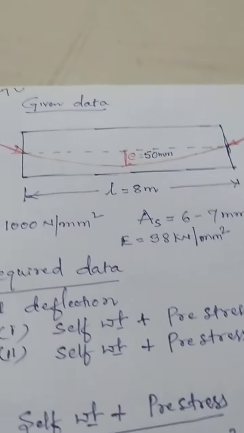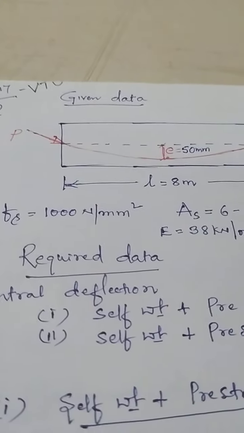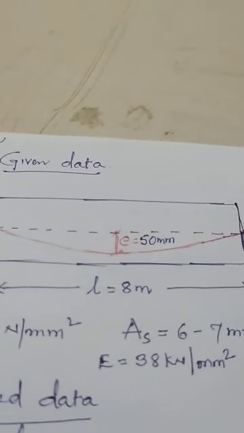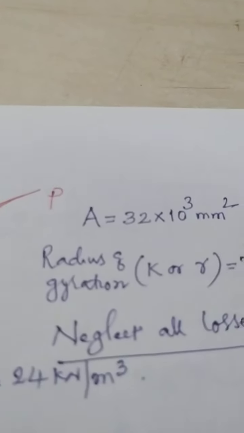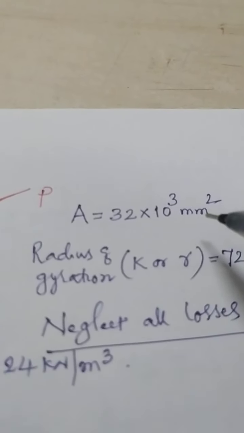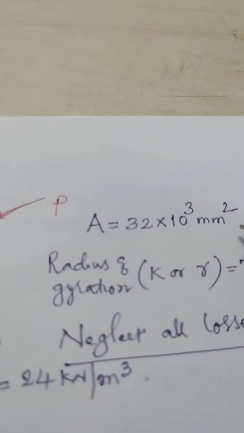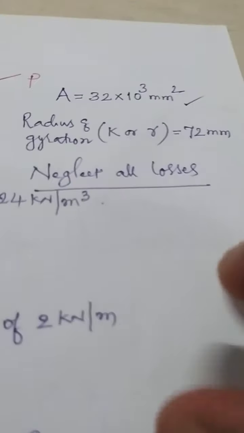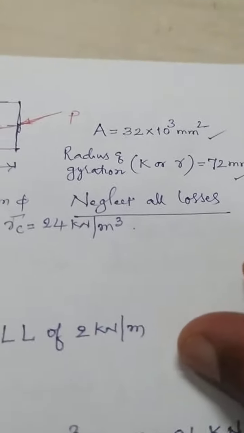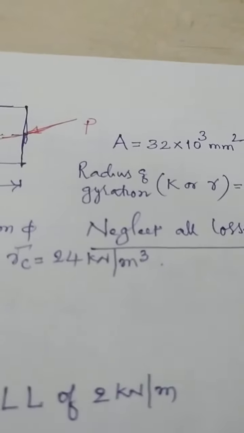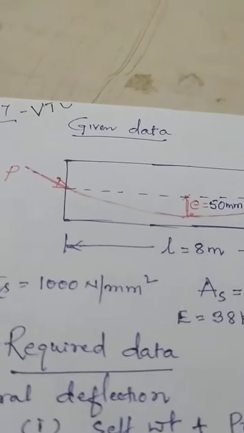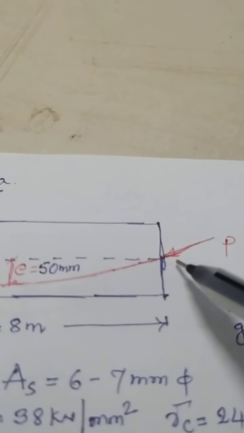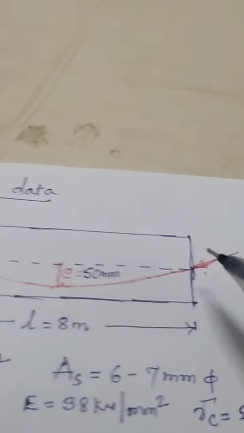Then come to the second problem. Here, a similar problem, but as I said already, the cross-section dimensions are not given. Here the area is directly given, and the radius of gyration is given. And the loss is neglected, there is no loss. And the eccentricity at the ends is not given, that is 0.